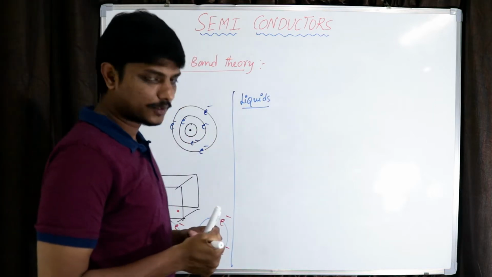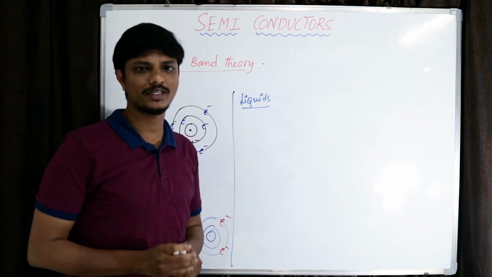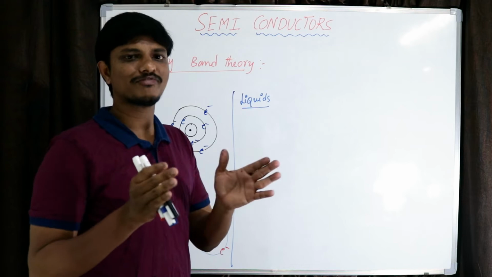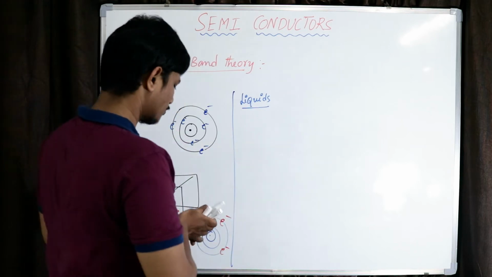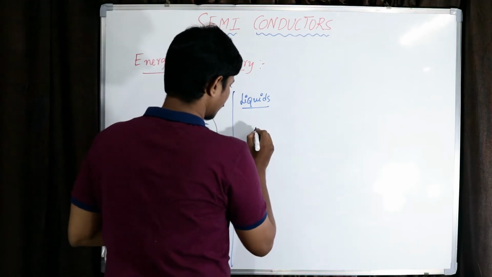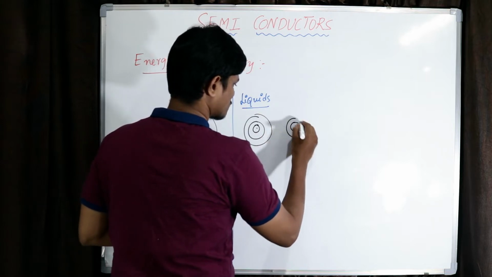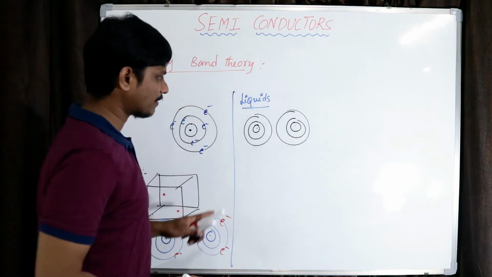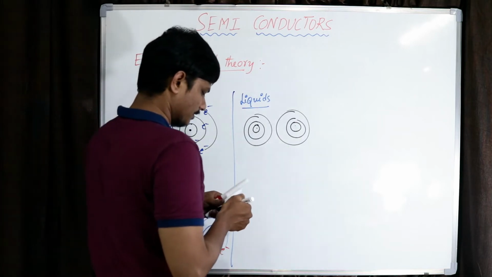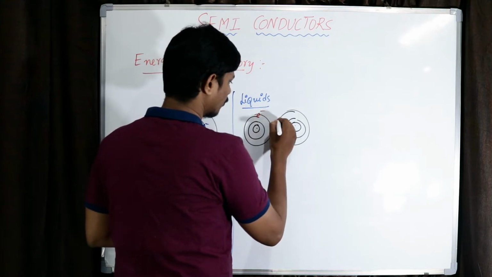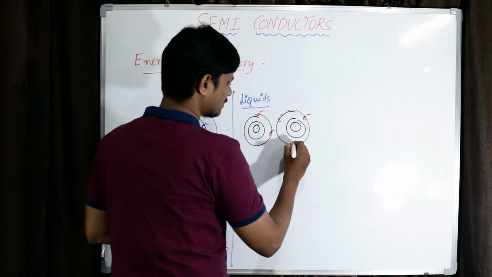When I am talking about liquids, the interatomic space between the atoms is not as large as in gases, but still it is somewhat larger compared to solids. So let us see this. When it comes to liquids, the interatomic space between the atoms is still more compared to solids.